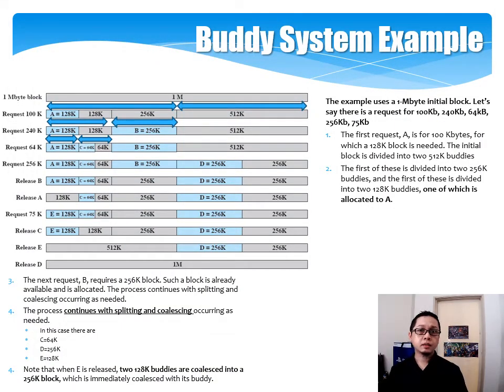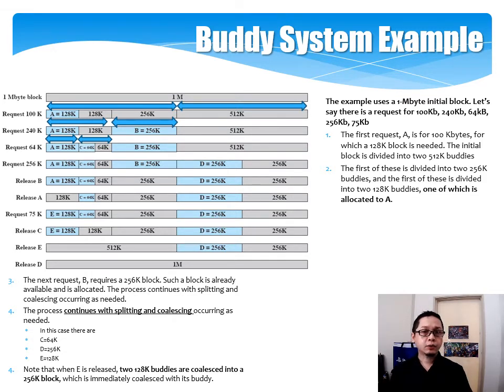What the buddy system does is combine the methods of fixed partitioning and dynamic partitioning in one approach. It tries to reduce the CPU time spent finding the best possible partition based on the request of the process.